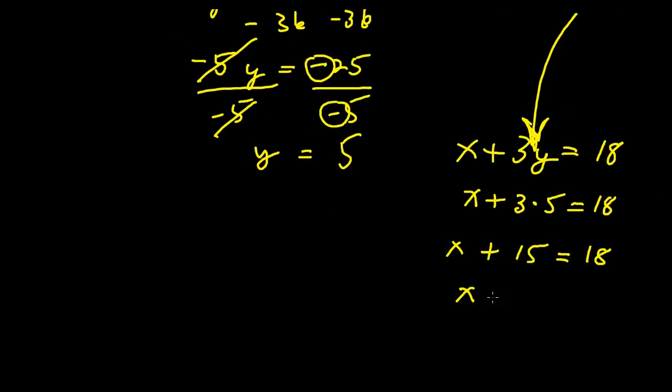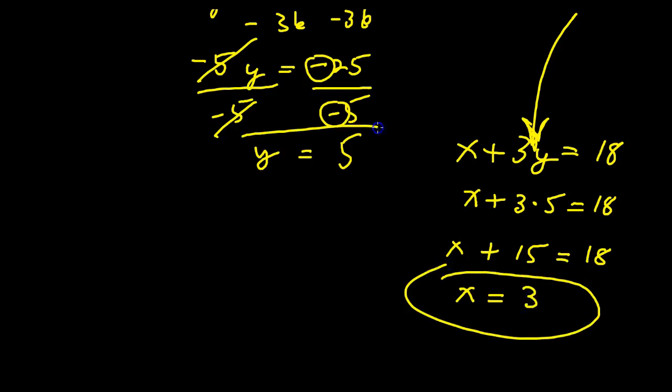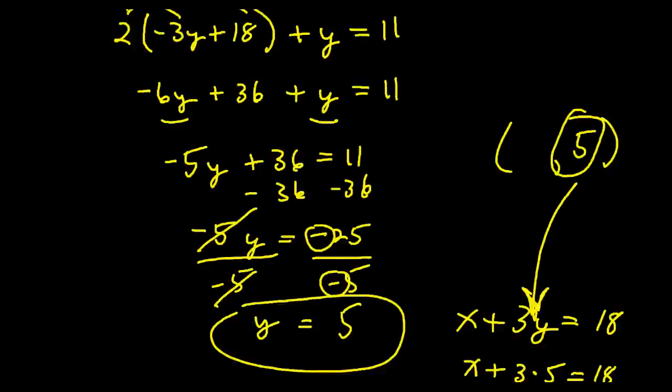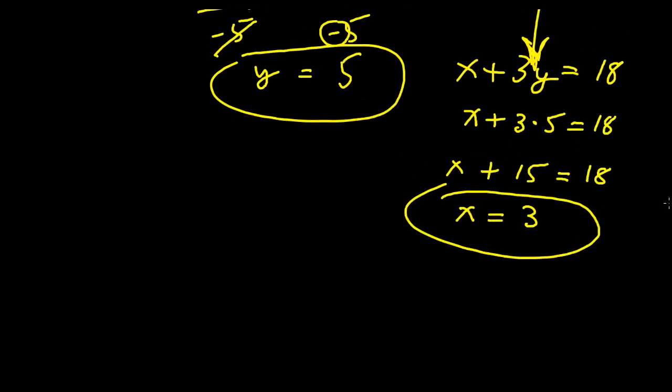And x then equals 3, subtracting 15 from both sides. So the simultaneous solution to both of the given equations is 3, 5. x is 3 and y is 5.